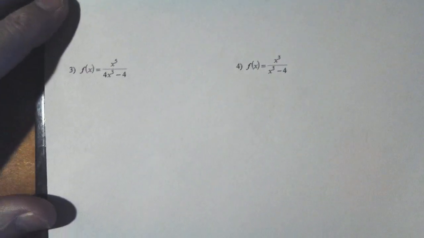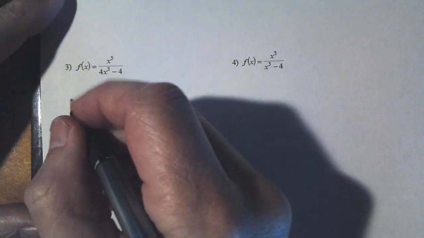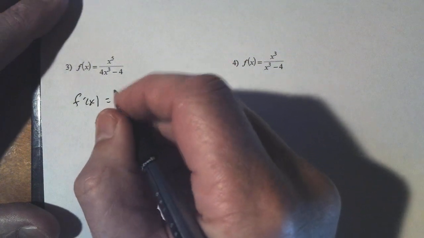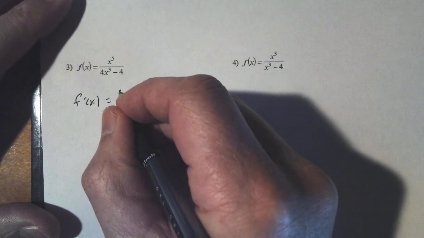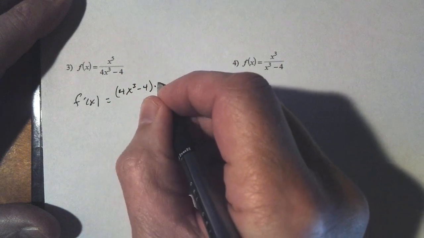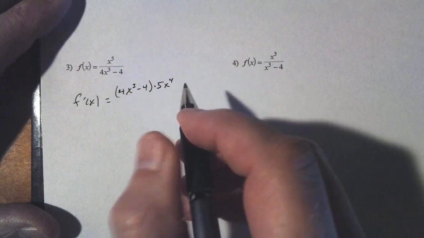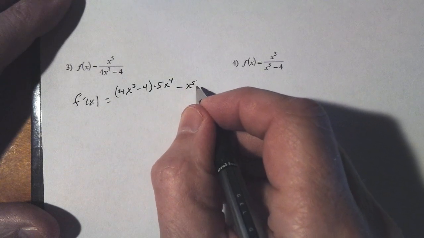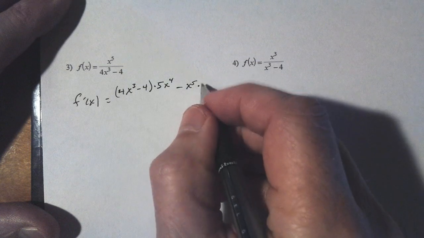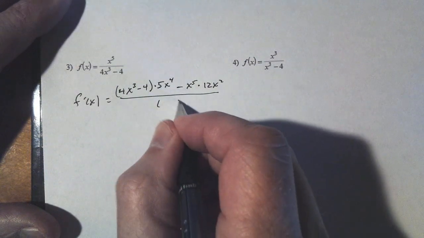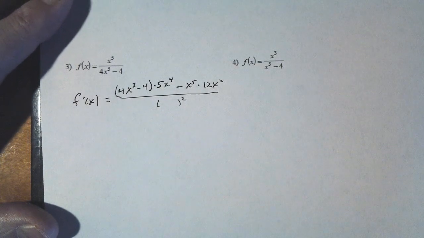All right, number 3. Low d high minus high d low. Low d high, so that's low, d high, 5x to the 4th, minus high, d low, 12x squared, over the square of the thing below.